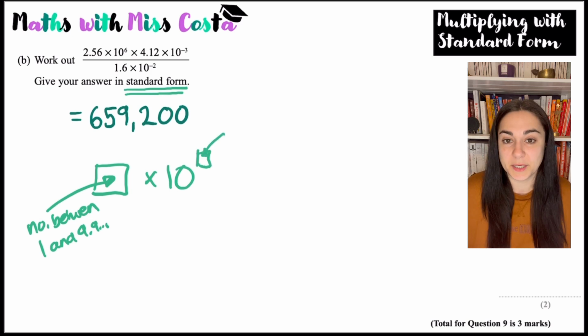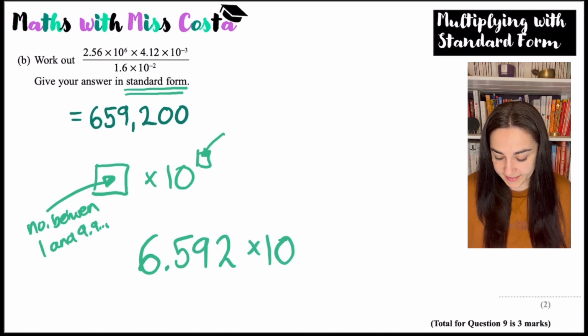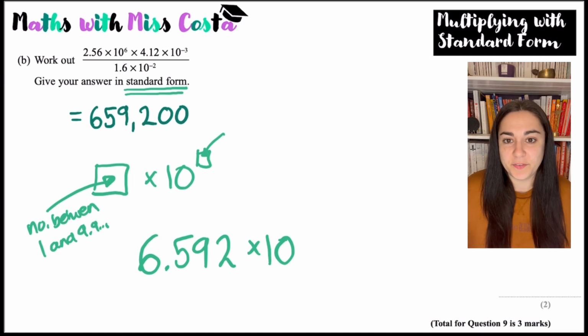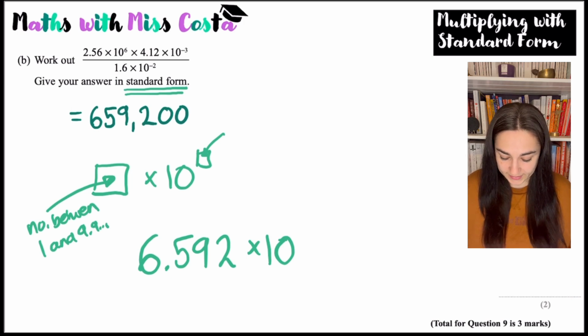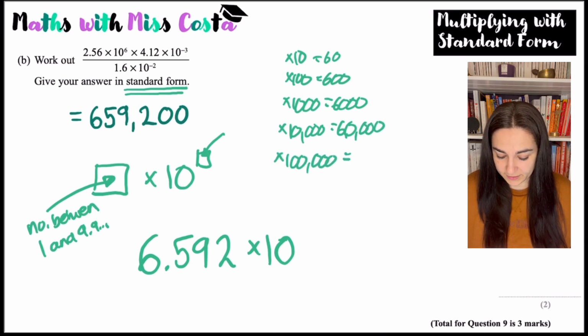So to turn that into a number between 1 and 9, I'd write it as 6.592 times by 10 to the power of, and once again, if you get a little bit stuck, just think to yourself, well, 6 times by 10 is going to give me 60, times by 100 would give me 600, times by 1,000 would give me 6,000, times by 10,000 would give me 60,000, times by 100,000 would give me 600,000. So you can use that as an estimate.